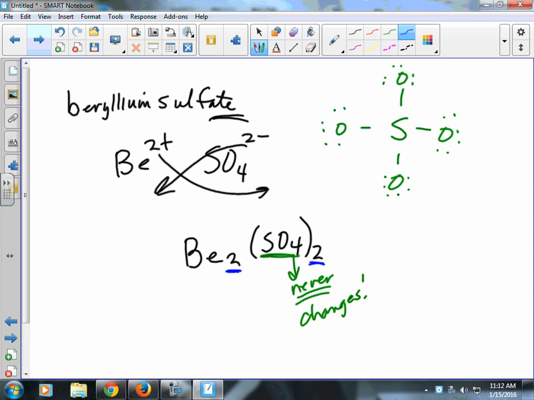Will it simplify? Yeah. So we simplify that to 1 and 1. So the answer is BeSO4. And if there's only one polyatomic ion, you don't need parentheses. I won't count off if you did use the parentheses, but the convention is, we only use parentheses if there's more than one ion.